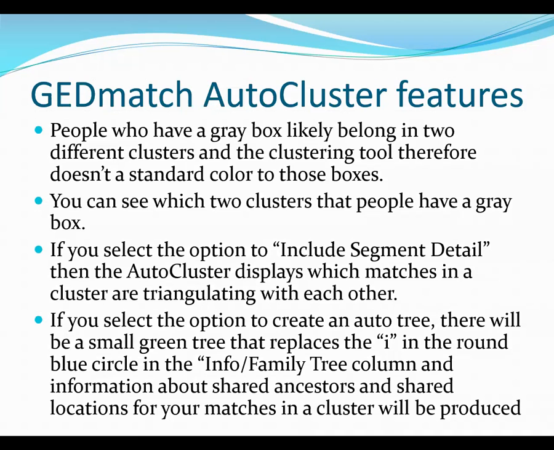There's also an option to include the segment detail when you do the auto cluster display, and this will display triangulated groups, and that can be very helpful as well. And there's also an option to get information about shared ancestors and shared locations, and that's another option to create an AutoTree, and I'll discuss the AutoTree a bit in the next section.